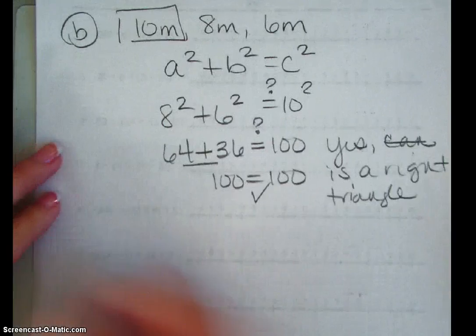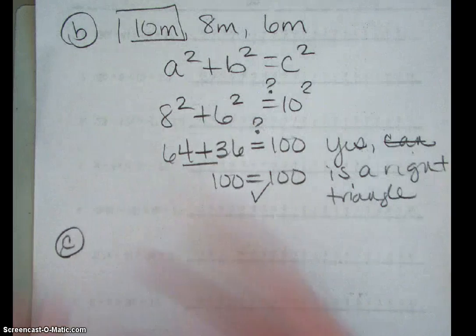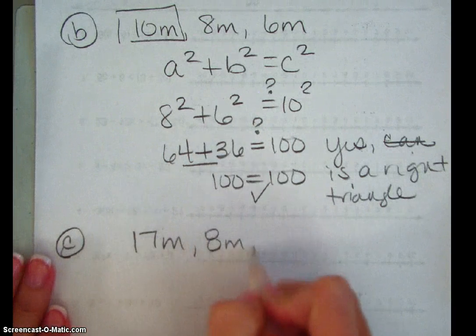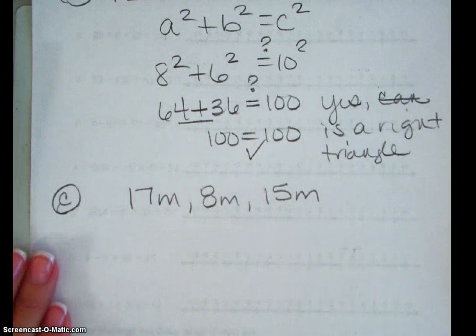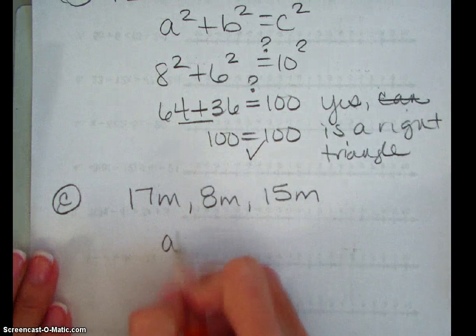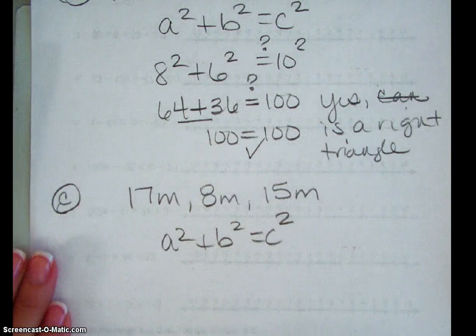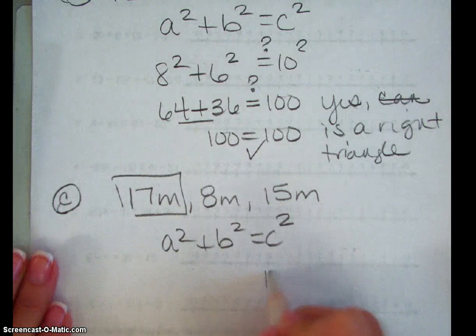And let's do one more. 17 meters, 8 meters, and 15 meters. Again, our formula is a squared plus b squared is equal to c squared. Okay? C is always our longest side, which is 17.